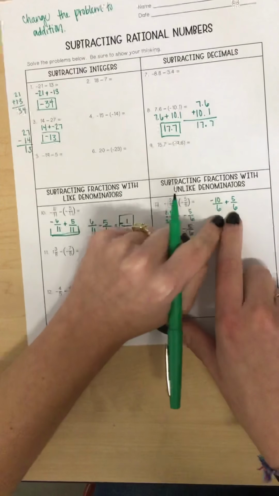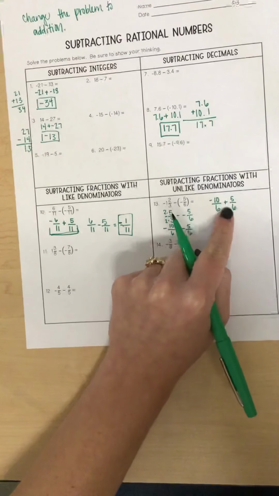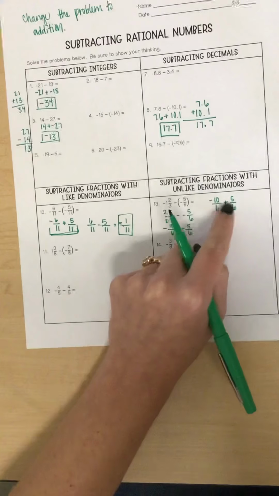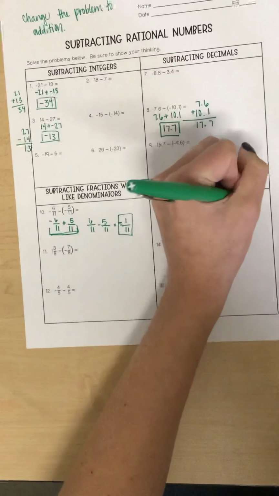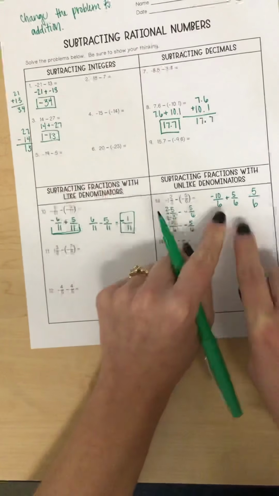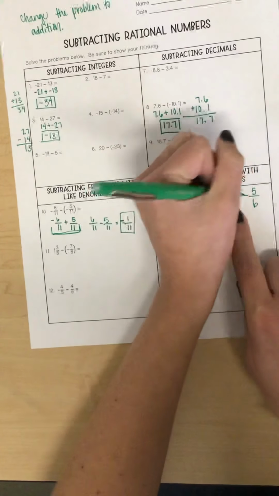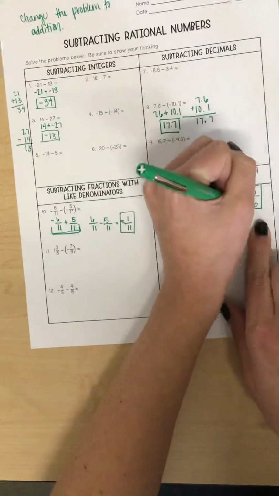I'm going to look at this problem to tell me what to do. So here I have a negative and a positive on adding, so since I have different signs, I'm going to subtract. 10 minus 5 is 5, and your denominator stays. Now if I look at these two, I have more negatives, so my answer is negative. It cannot simplify, so that's my answer.